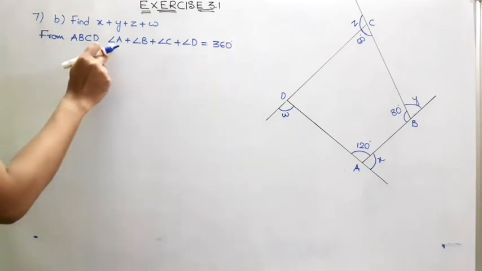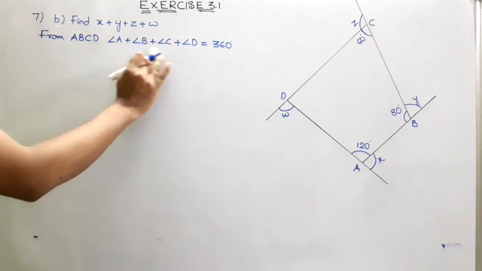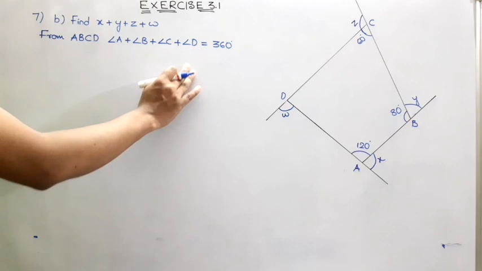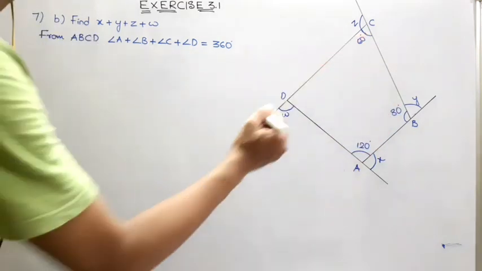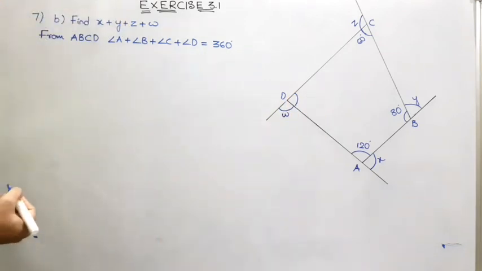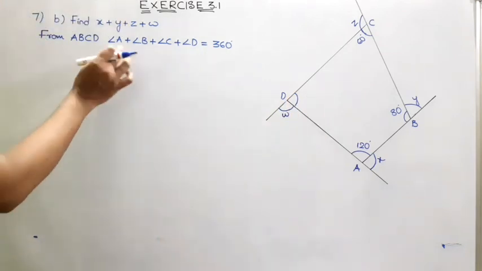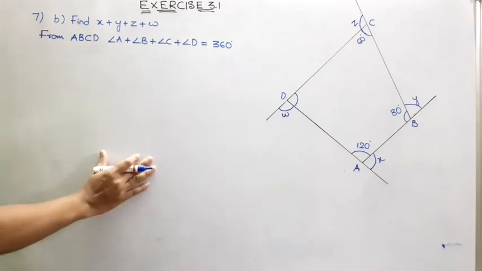Here when I say angle A, angle B, angle C and angle D, I am pointing to interior angles only. So this is angle A, angle B, angle C and the unknown angle D. So angle A plus angle B plus angle C plus angle D is equal to 360 degrees.